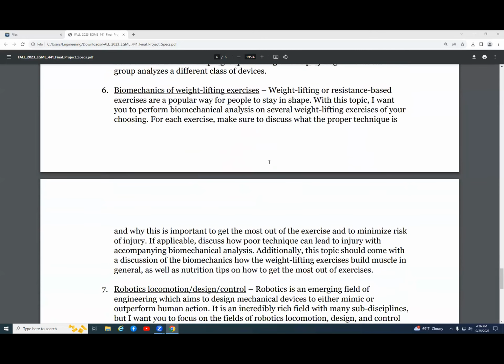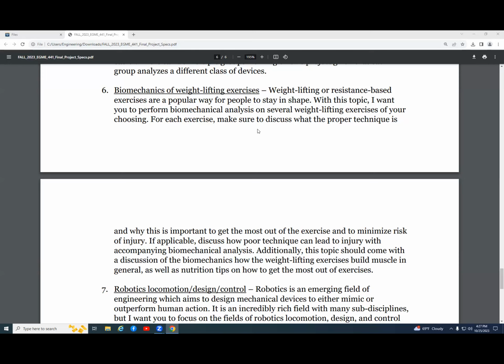Okay. All right, 6, biomechanics of weightlifting exercises. Actually, this is pretty on the nose for what we've done in the class. A lot of the examples and homework problems we've done in the class are for weightlifting exercises, so you can dive deeper into that realm. Talk more about the strategies and techniques that give you the most gain in weightlifting, and certain techniques you can use to maximize your workouts.